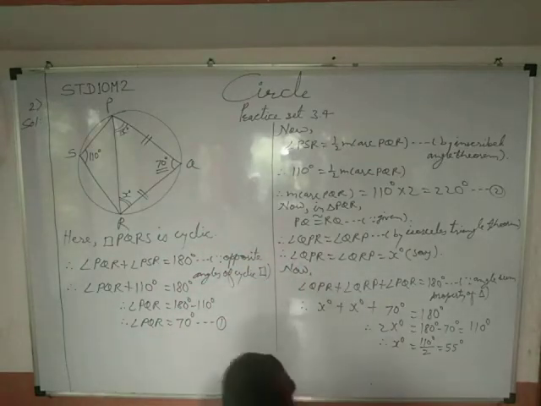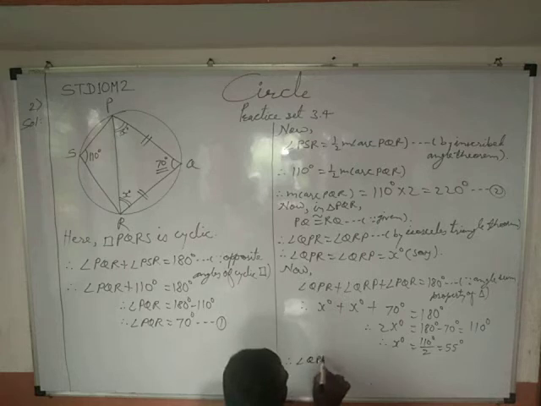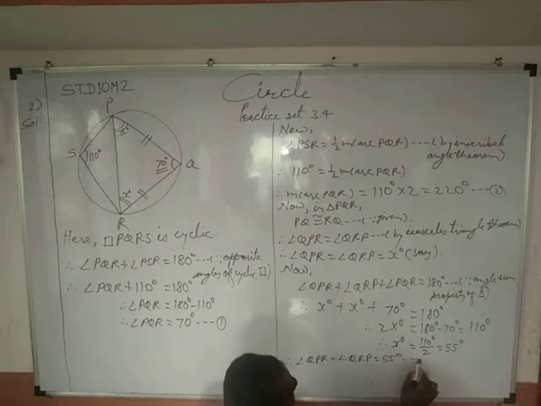Okay, and therefore angle QPR equals angle QRP equals 55 degree.